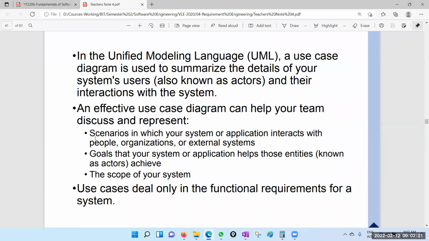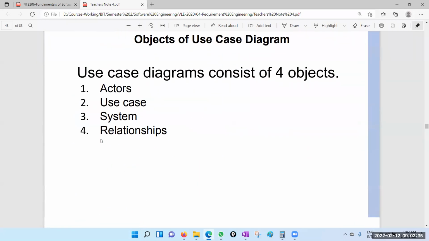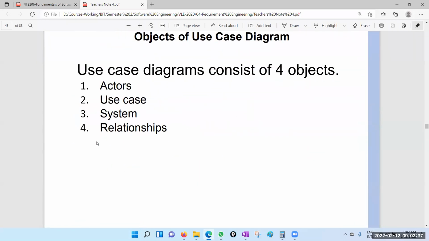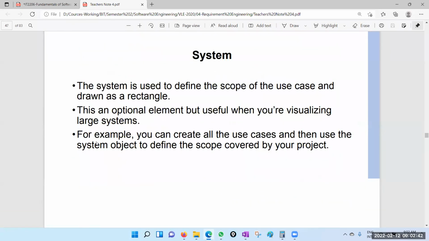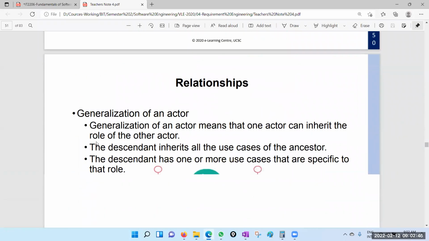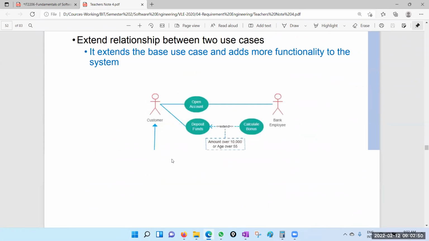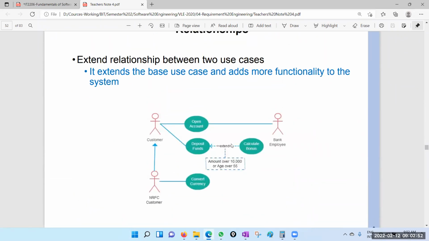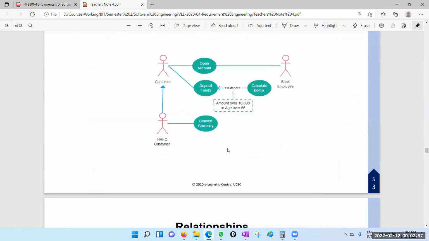Then in the object oriented way, we use UML diagrams, especially for process. Okay, actors, use cases, relationships. So actor inheritance, the extend relationship for optional functionalities, and the include relationships.